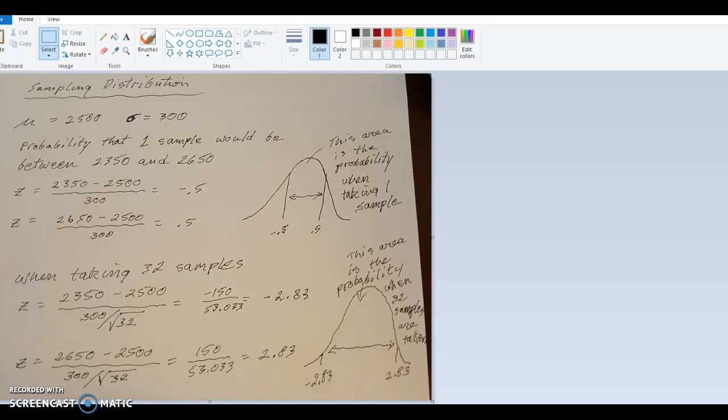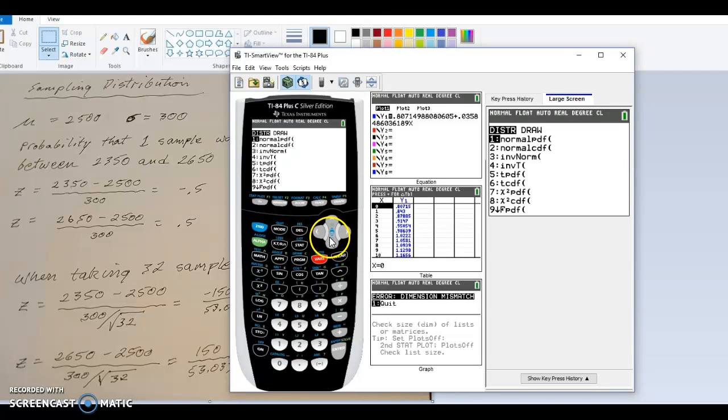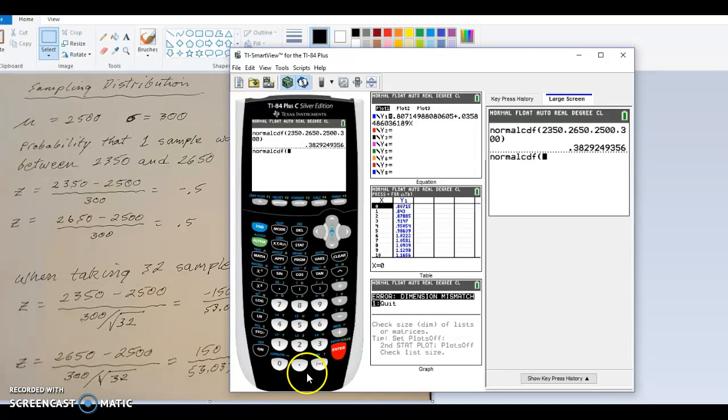If I do that on the calculator now, let's go to the normal CDF, cumulative distribution function. Once again, my low value is 2350. My high value is 2650. The mean is 2500 still.